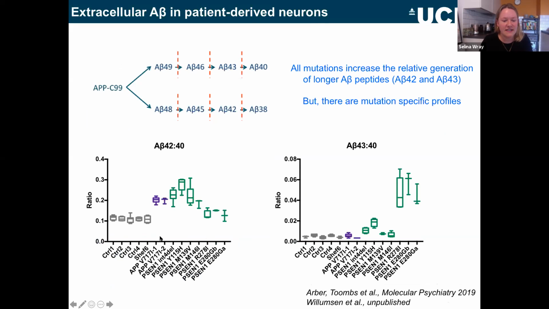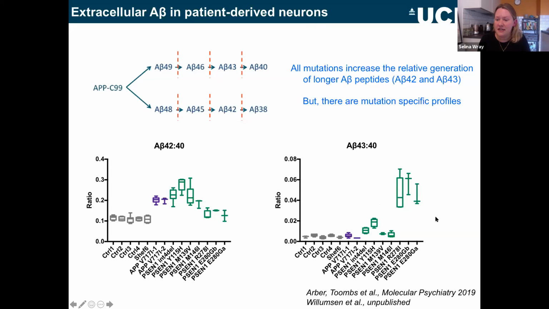And what we can see is that this measurement of the lengths of these peptides clearly separates the patients from the controls. So here we have a very robust phenotype, and we're able to be confident in this because we see it over at least 8 different individuals. So in spite of the genetic variability that exists, the phenotype is still present.